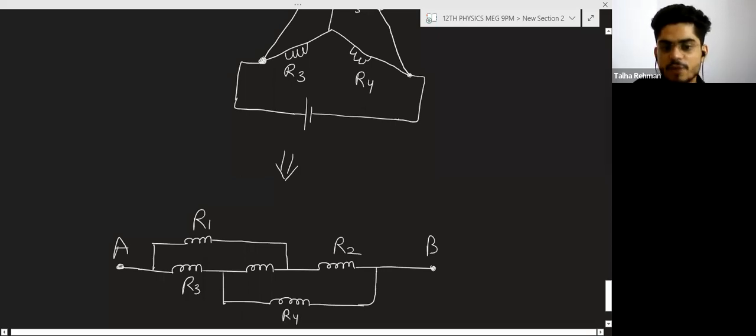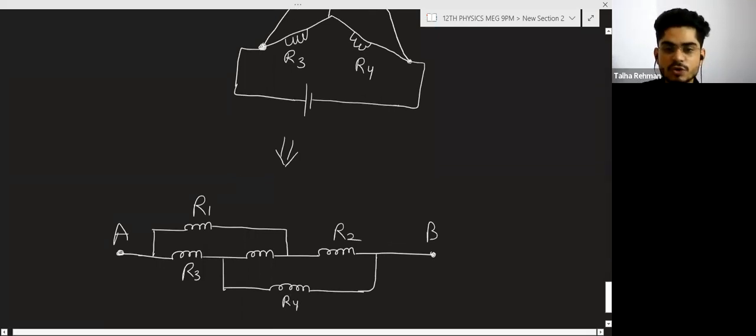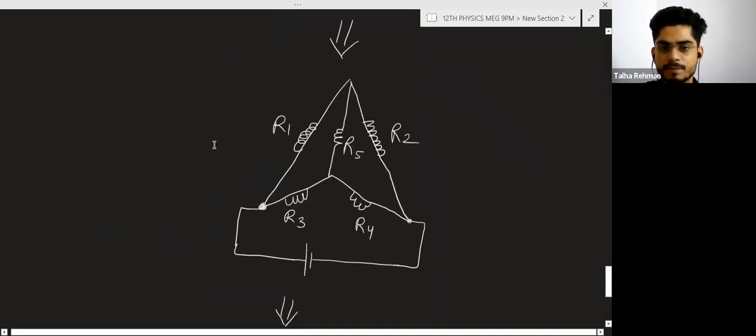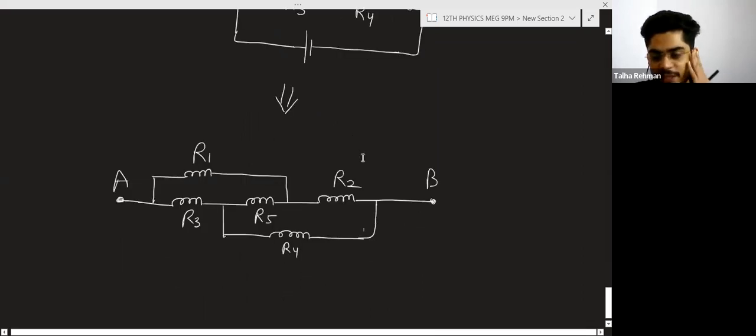This combination of resistances is also known as, this is R5. This is also one of the forms of Wheatstone bridge. So these are the forms of Wheatstone bridge.